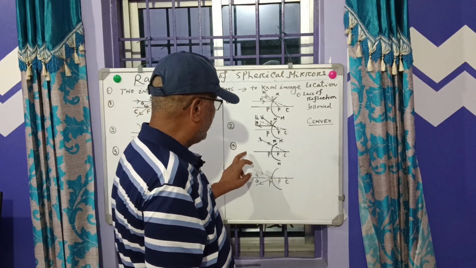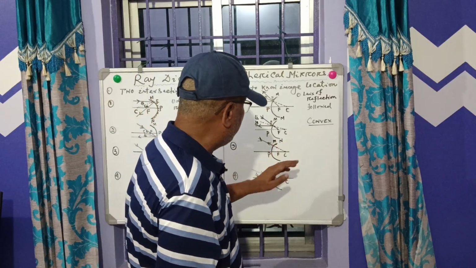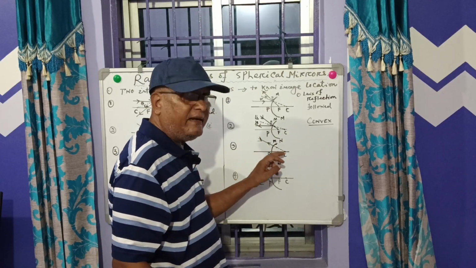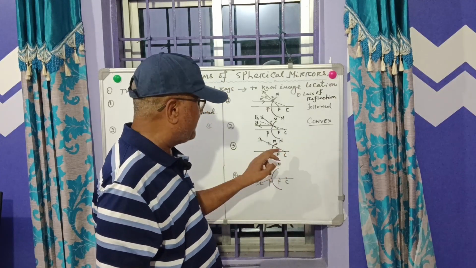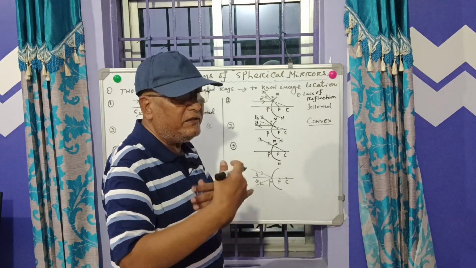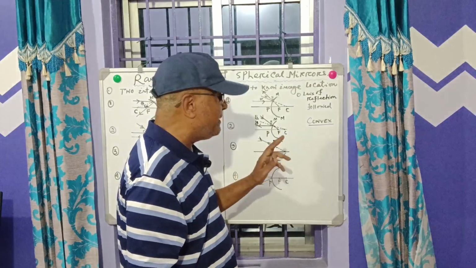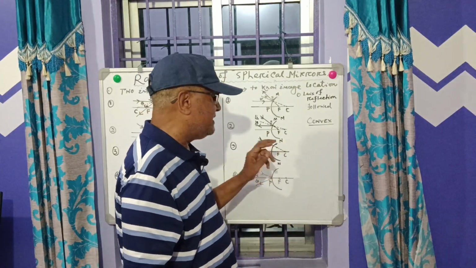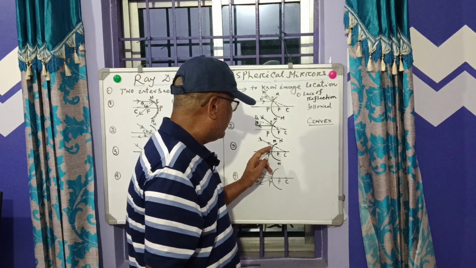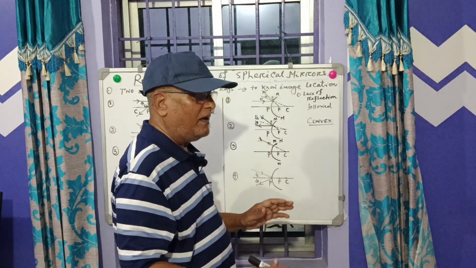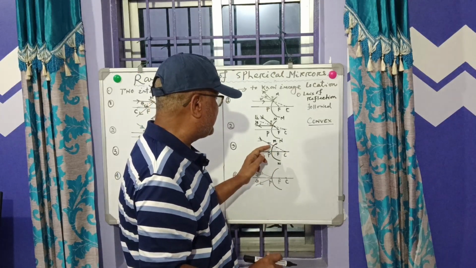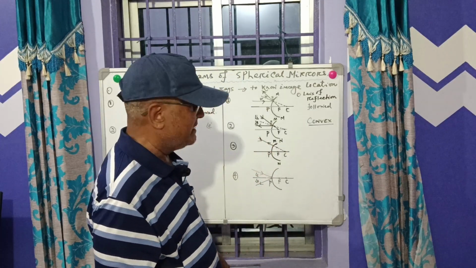Now come to the third point here. In case of convex mirror, what happens? A ray directed towards the center of curvature, because the center of curvature is behind the mirror or behind the reflecting surface, and that is virtual, and the reflected ray returns back along the same path from the reflecting surface.